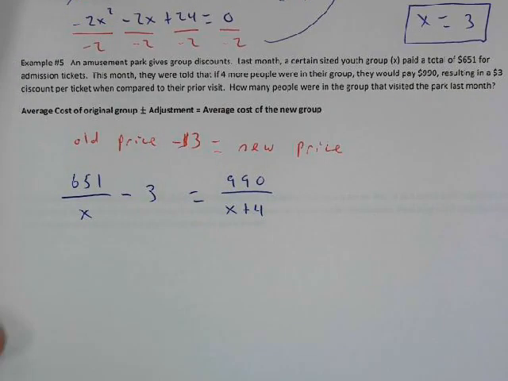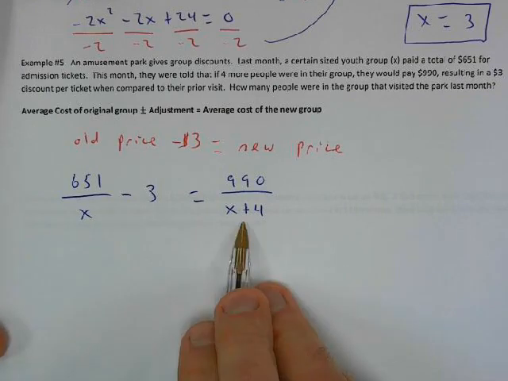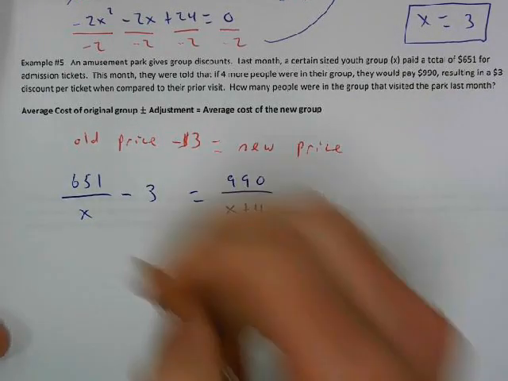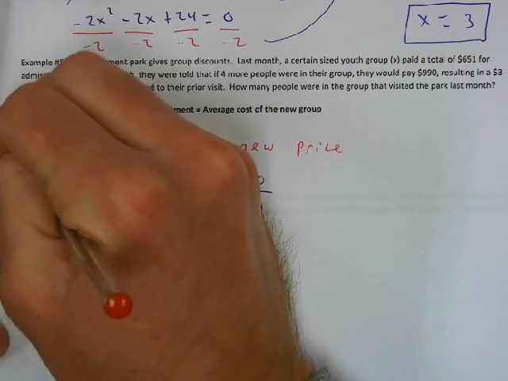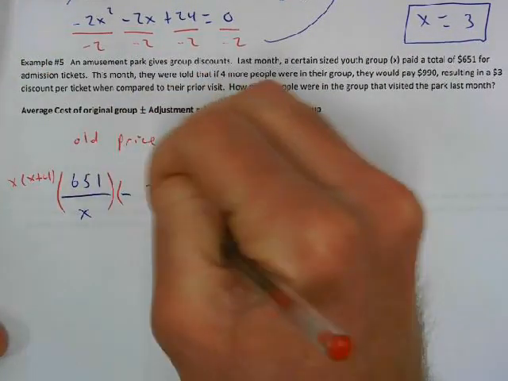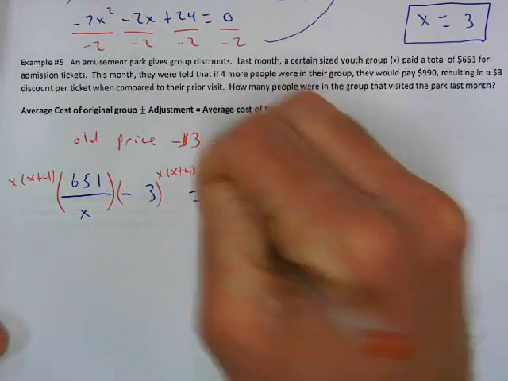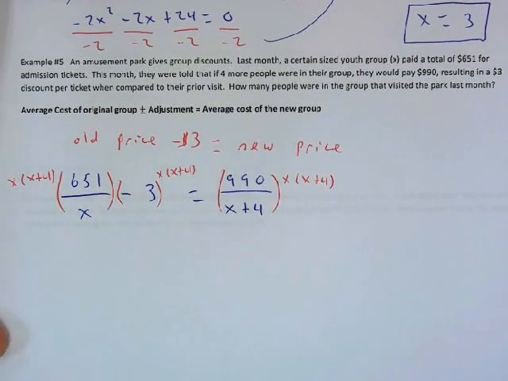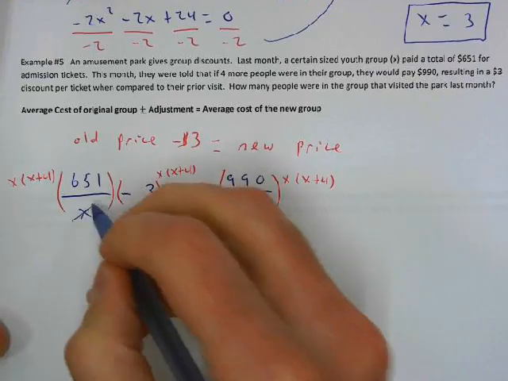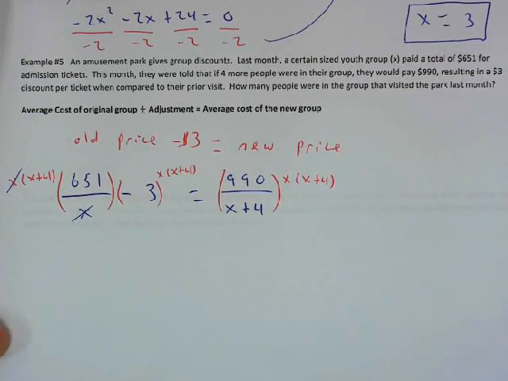All right, so what do we want to multiply by to get rid of both of these denominators? Well, we've got to multiply by both of those denominators, x and x plus 4. So I want to multiply everything by x times x plus 4. Over here the x's are going to reduce, and I get 651 times x plus 4. So we're going to get some big numbers here. A calculator would be helpful.